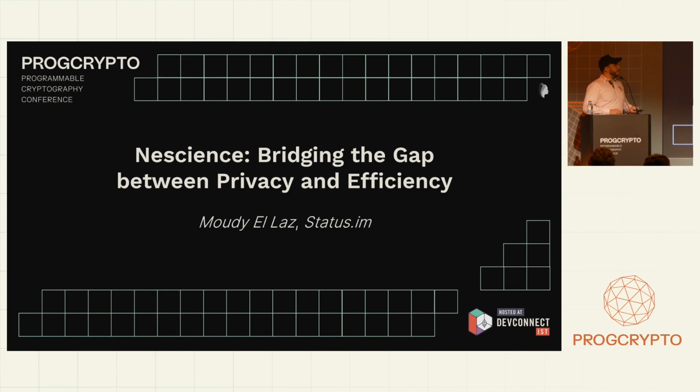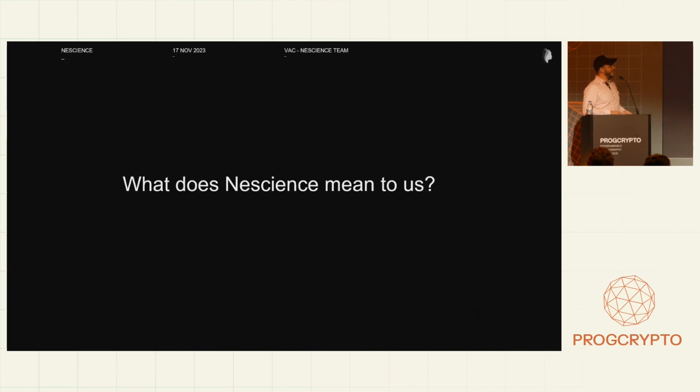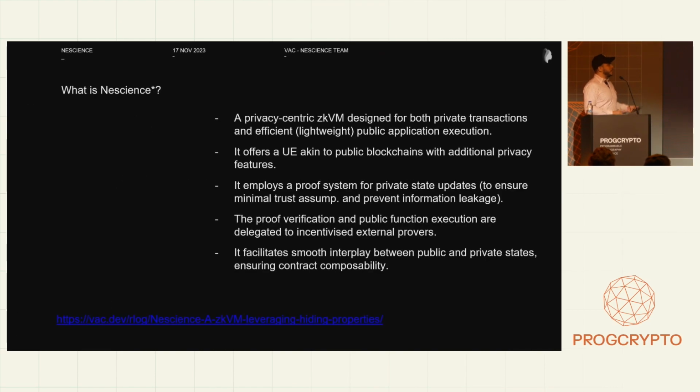So, what does Nescience mean to us? Actually, Nescience is a privacy-centric zkVM designed for both private transactions and public transactions. It will be offering a user experience like public blockchains, but with additional privacy features.